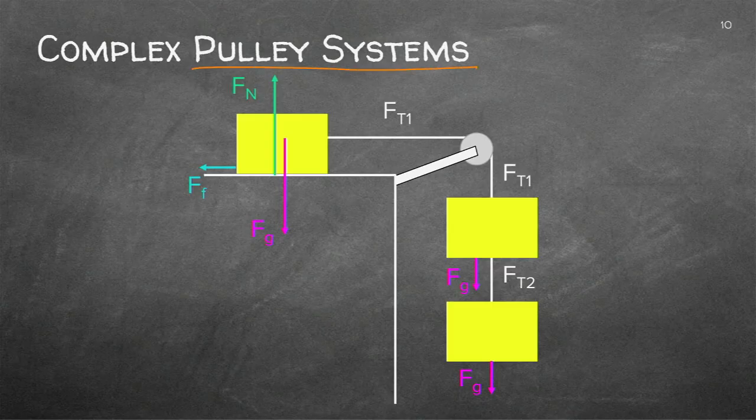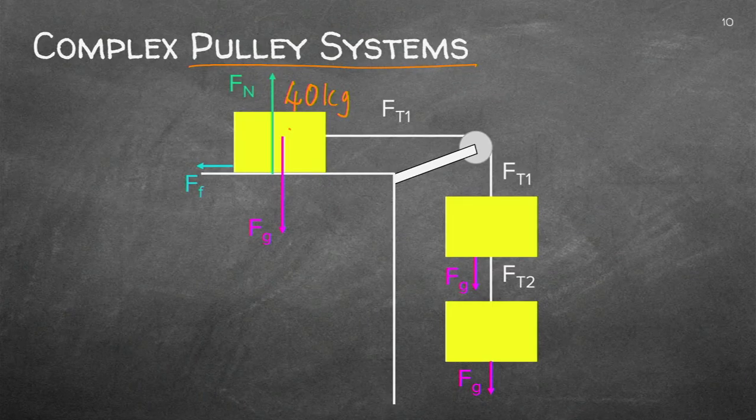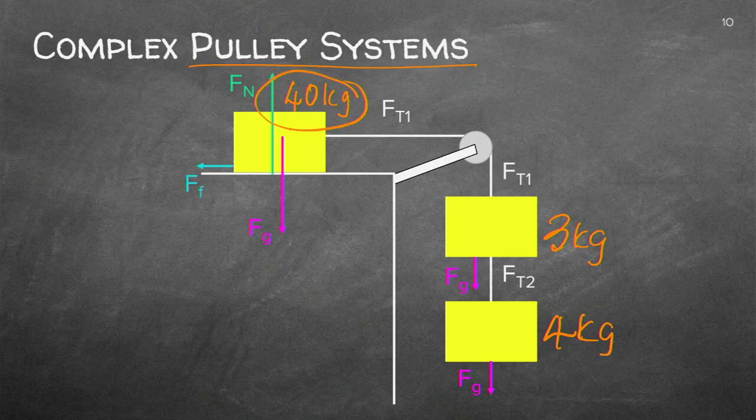Now, important to know, if I had a pulley system with a mass of, let's say, 40 here, do you think if I had a 3 kilogram and a 4 kilogram here, that 40 kilogram will move? Think about it. 40 kilogram is much greater mass than 3 plus 4. So in most cases, it won't be moving.